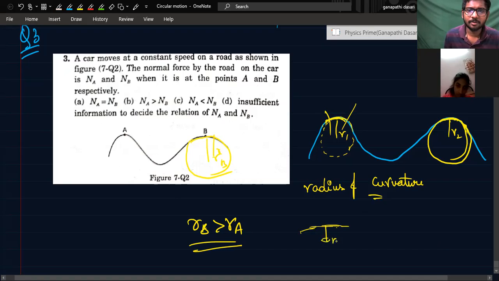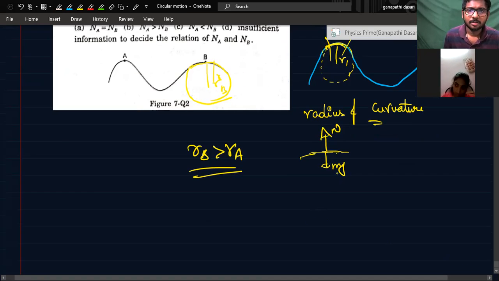There will be mg downwards and N upwards. Now if it is traveling in a circular motion like this, that circular motion should be provided by centripetal force, right? So mg minus N is equal to mv square by r.